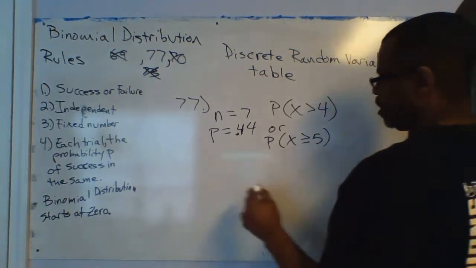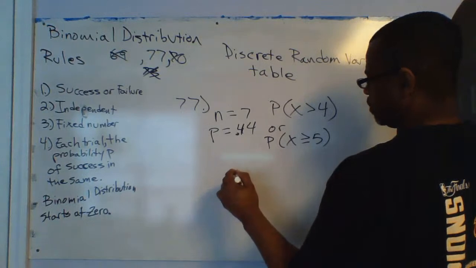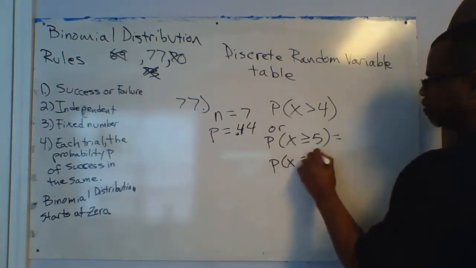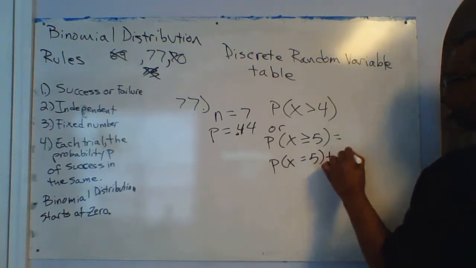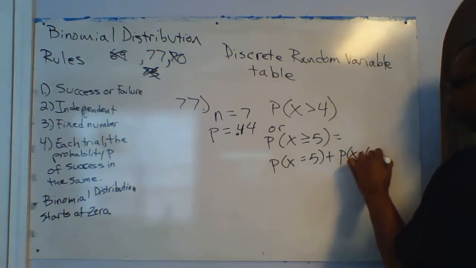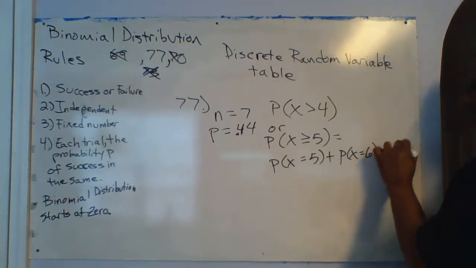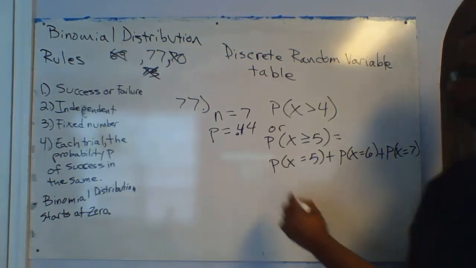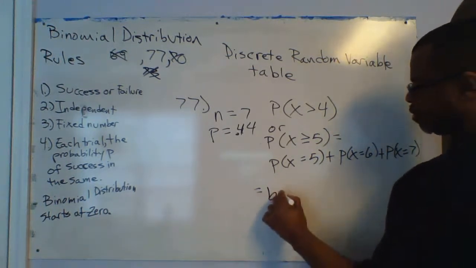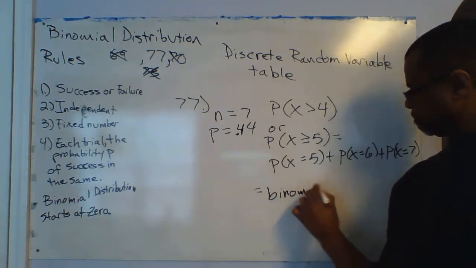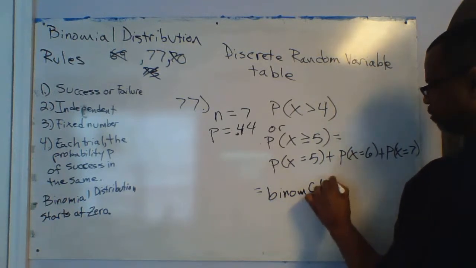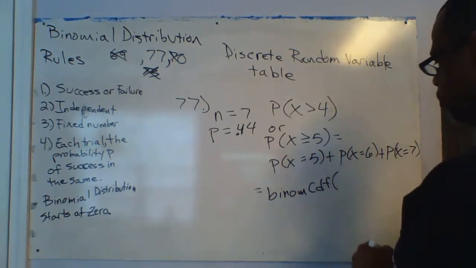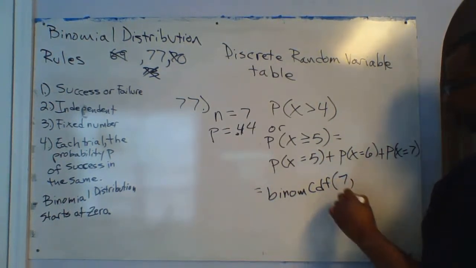So basically all you need to do here is, that's the same as saying the probability that x is equal to 5 plus the probability that x is equal to 6 plus the probability that x is equal to 7. So you can do your binomial CDF, because CDF means cumulative, and then you're going to do your sample size, which is 7.